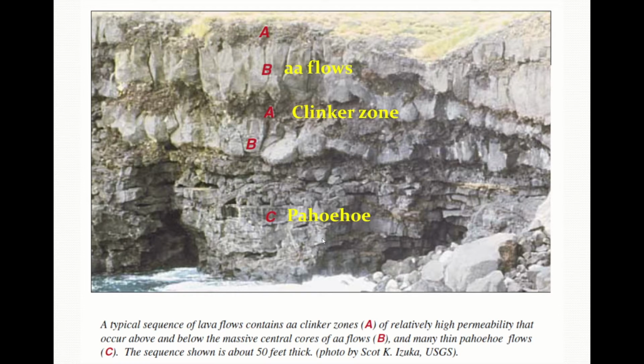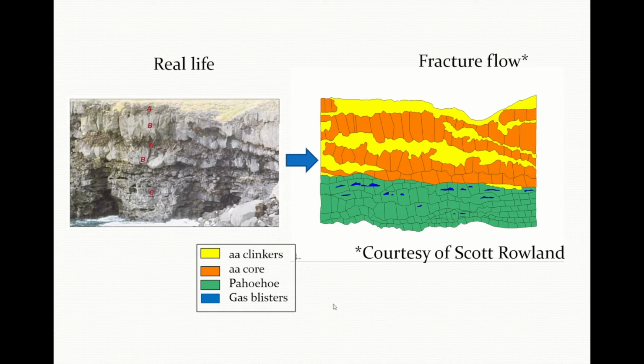So this is basically real life, and we can digitize it like this. And you can see the fractures here, and thanks to Scott who made these maps and digitized them for us. So this is real life, and this is our conceptual model of that real life. So water can move faster in the fractures, and basically it could also be flowing between the fractures in the matrix.